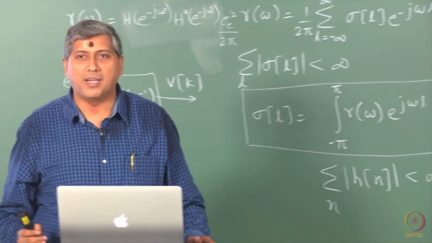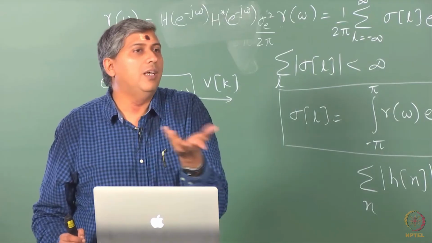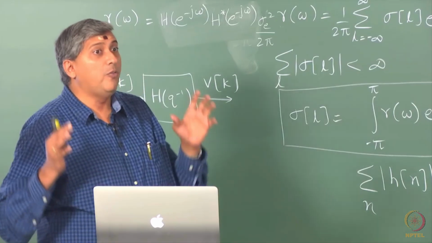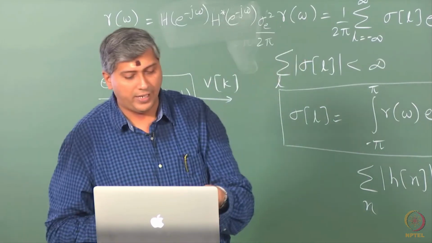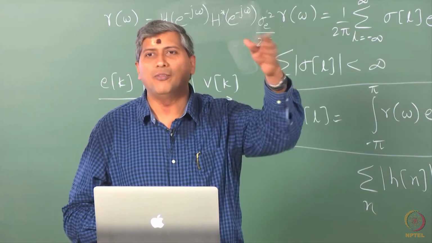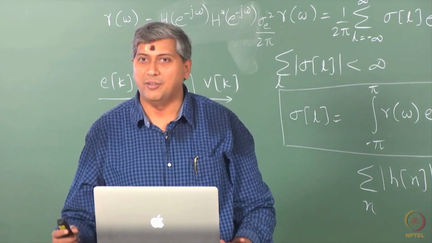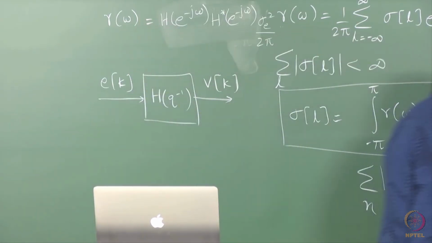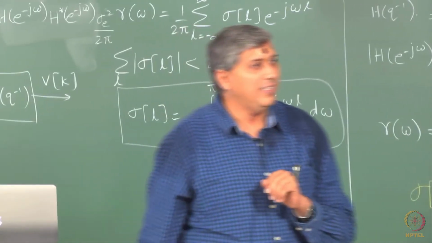Typically, if you are given the spectral density at least in a parametric form, if you are given a spectral density in some kind of arbitrary form, then that is different. But if you are given it in a parametric form, suppose I just give you the mod h of e to the minus j omega squared times 1 over 2 pi, let us say, and I ask you to arrive at the ACF, what would you do? Or even you take this expression, I give you this expression and I ask you to arrive at the ACF.